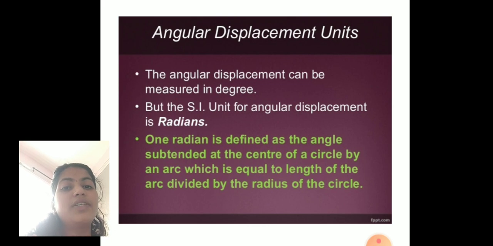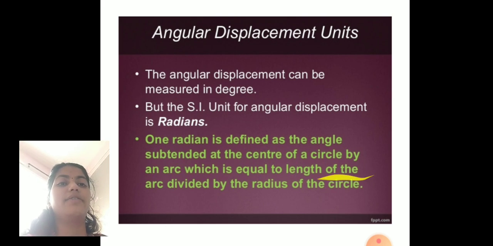What is the definition of the radian? 1 radian is defined as the angle subtended at the center of the circle by an arc, where the arc is the smaller part of the circular path, and the length of the arc divided by the radius of the circle gives the radian.